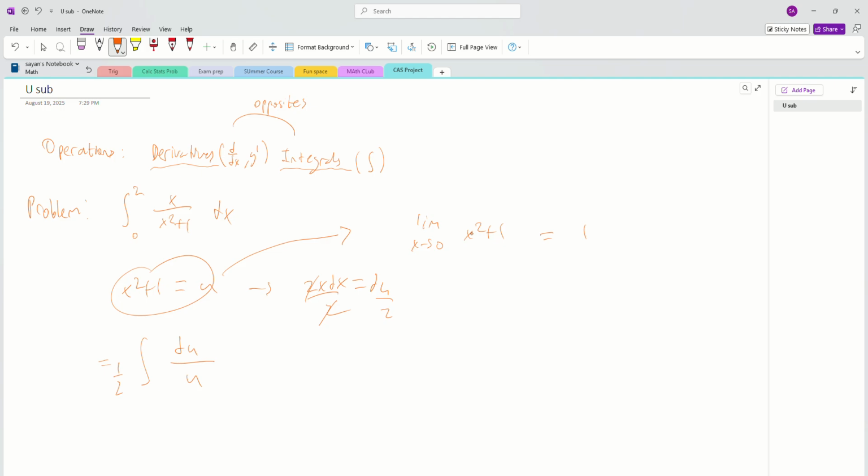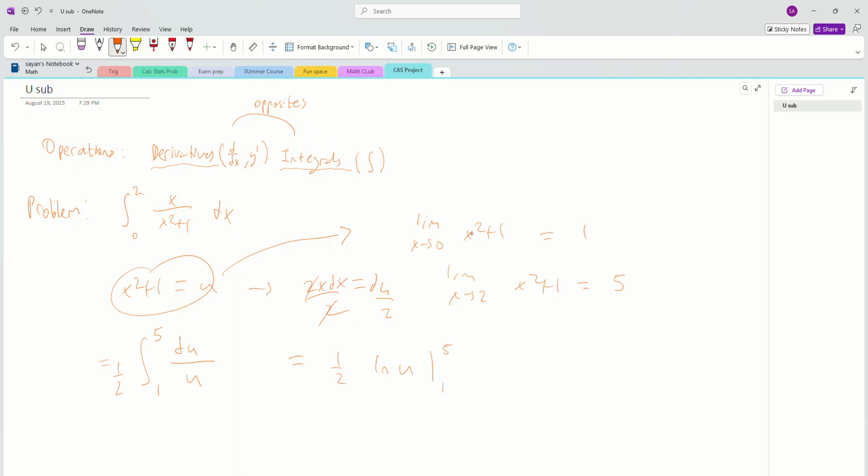And that's just going to give us 1, which means that our lower bound is going to be 1. Now, let's take the limit as x approaches 2 of x squared plus 1. We're just going to get 5. Upper bound is 5. Okay, we know that this is just going to be ln u.